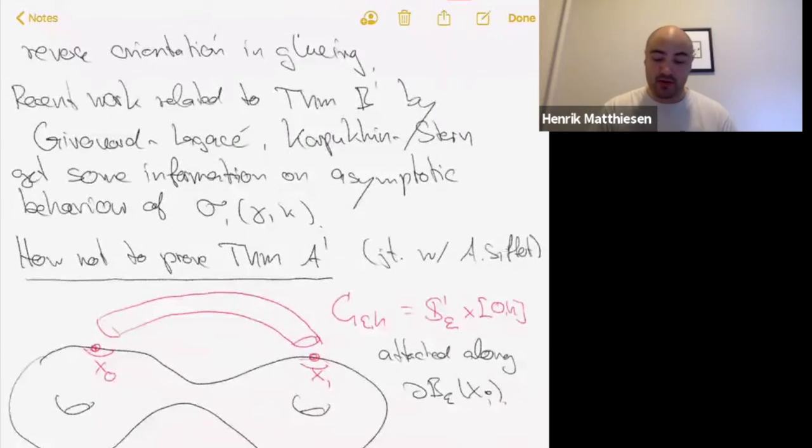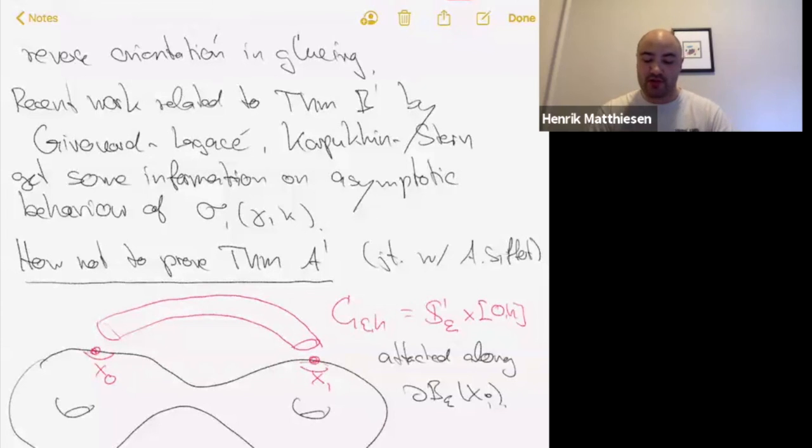Now, if you look at the area, you gain roughly epsilon. The area of this is comparable to the area of sigma, and then you'll have a term on scale epsilon. So you'll have something like 2 pi h times epsilon, plus O of epsilon squared.